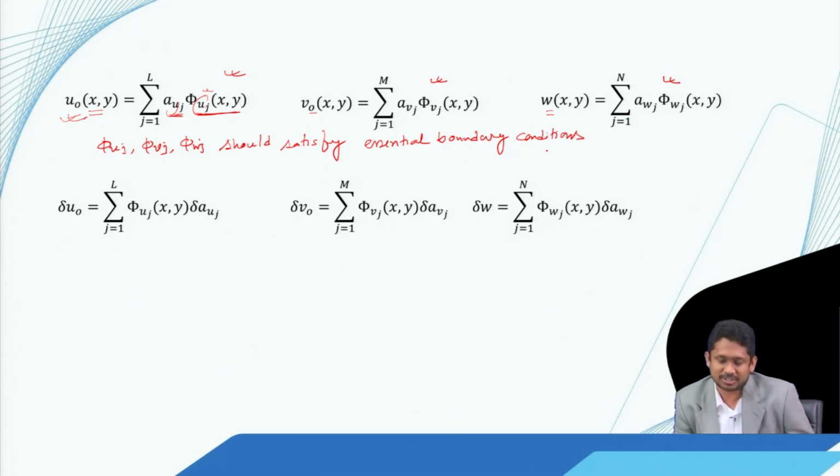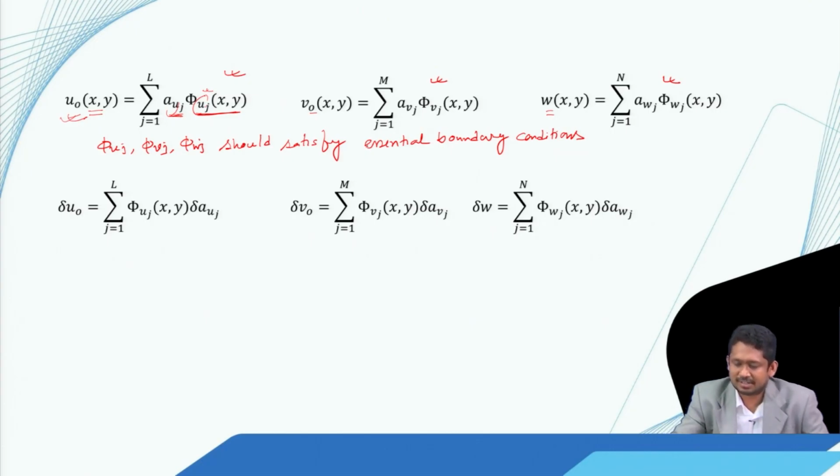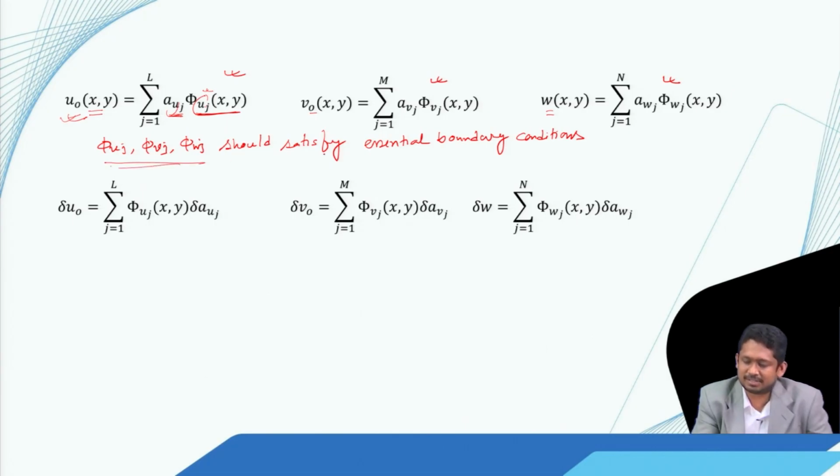In all the cases that we deal with here, we will have homogeneous essential boundary conditions, and they should satisfy that. If it can satisfy the natural boundary conditions, it is good, but it is not a requirement. So, at minimum this should satisfy the essential boundary conditions.